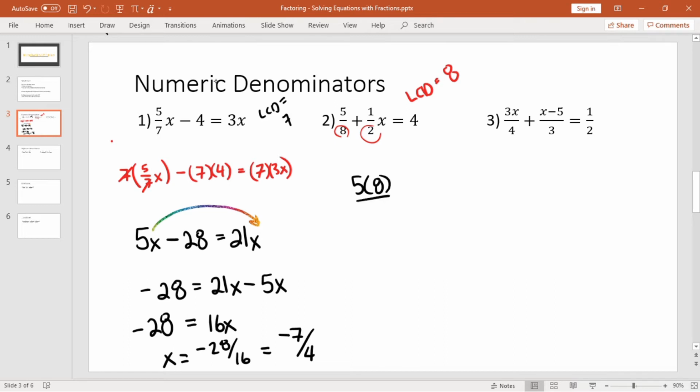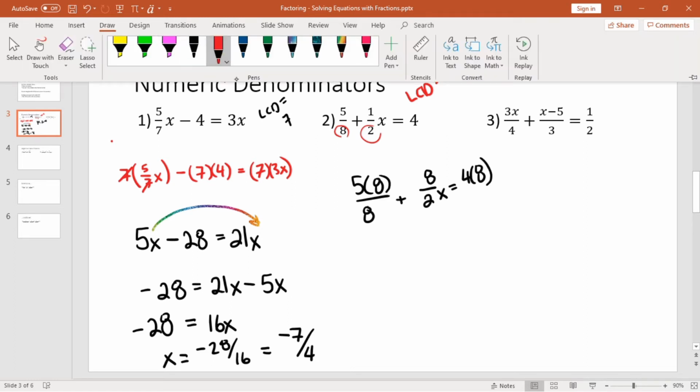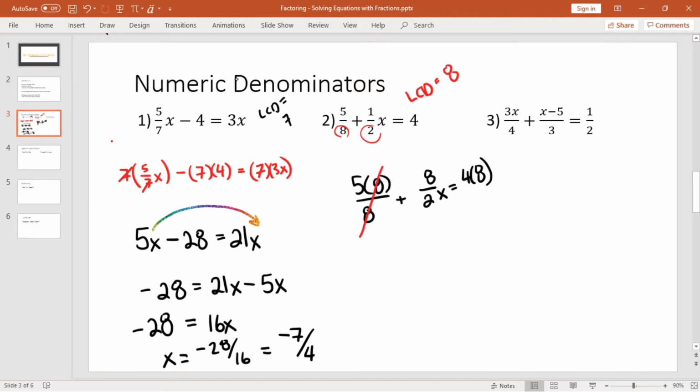There's the 8 multiplied into the first fraction. There's the 8 multiplied into the second fraction. And not forgetting to multiply whole numbers by 8 as well. We're not going to make 40 over 8. We're just going to right away do this. In our second one, it's more like a reduction.